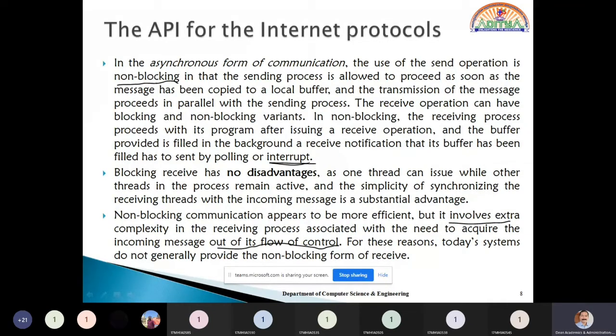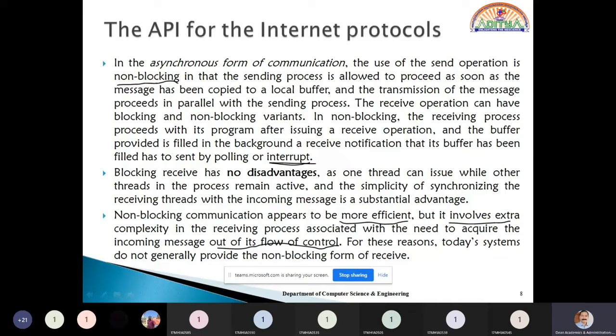That is why it is somewhat complex in nature, but it is definitely the more efficient non-blocking way of communication. Specifically in asynchronous communication, non-blocking communication is more efficient, but it requires a complex approach in which we have to maintain or control the flow of data.